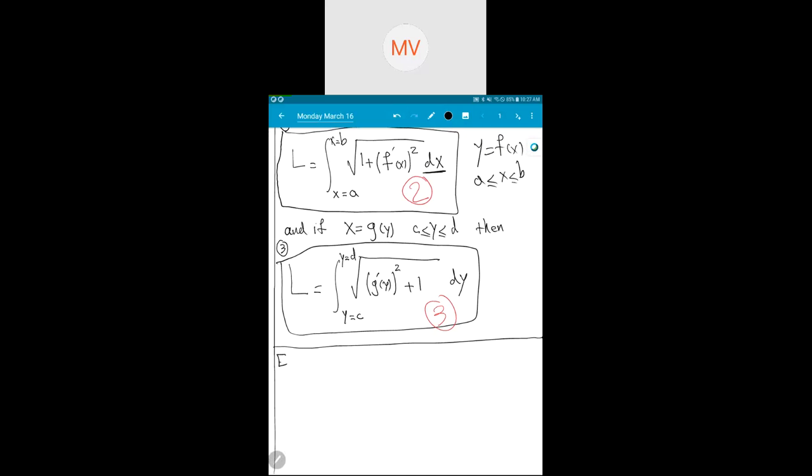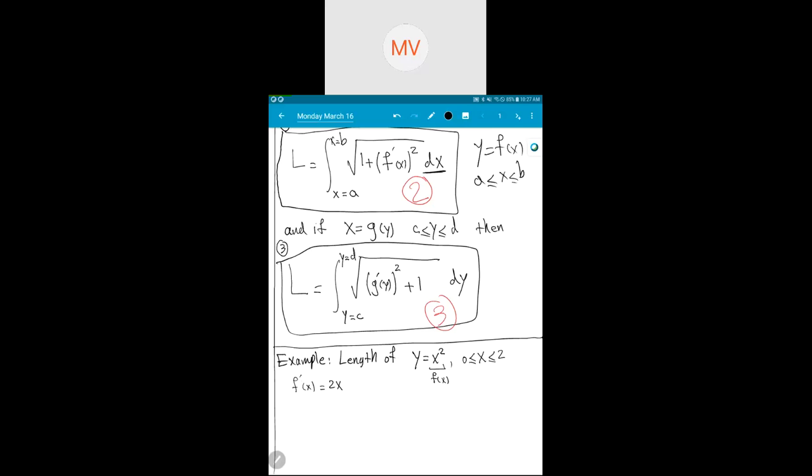So the example was the length of y equals x squared, x between, did you say 0 and 2? 0 and 2. Okay. So simply, this is our f of x, right? So we need the derivative of that. Of course, we know the derivative, or y prime, is 2x.